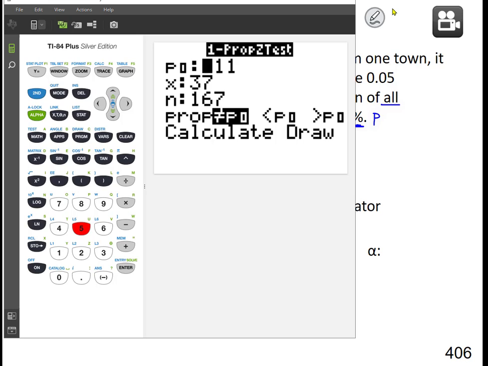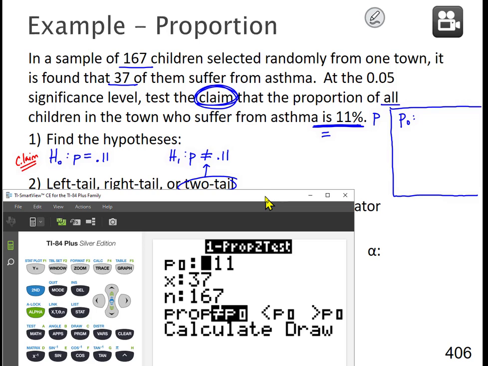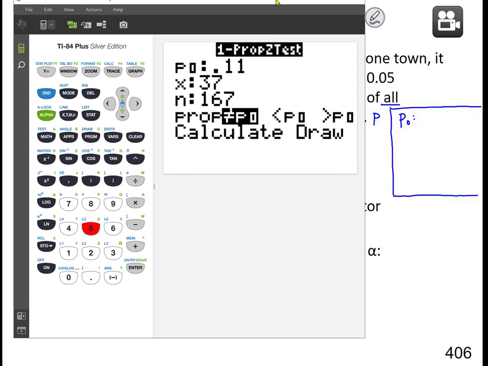And so over here to the side, I'm going to draw a little box, square, to put these things in. The first one says P sub O, and if you remember from your notes, that's just the number from the hypothesis. Instead of saying H sub O, they say P sub O, and so we have 0.11 for the 11%.